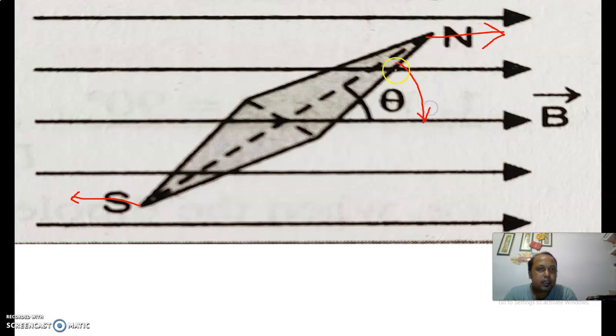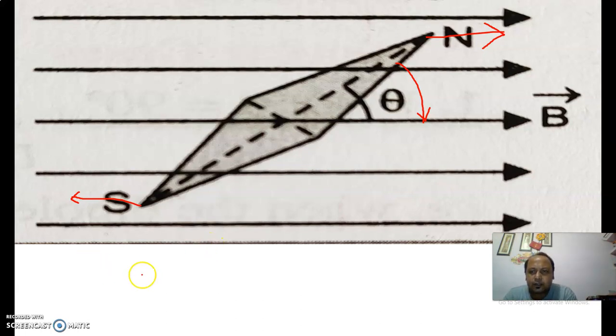That torque will try to align the needle in the direction of the magnetic field, which is the position of stable equilibrium. So that torque is known as restoring torque, which tries to bring it back to the stable equilibrium position.